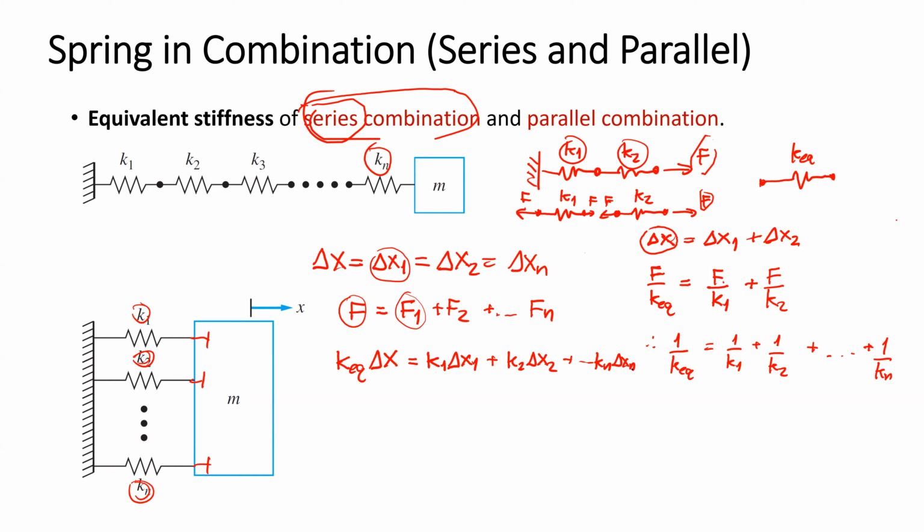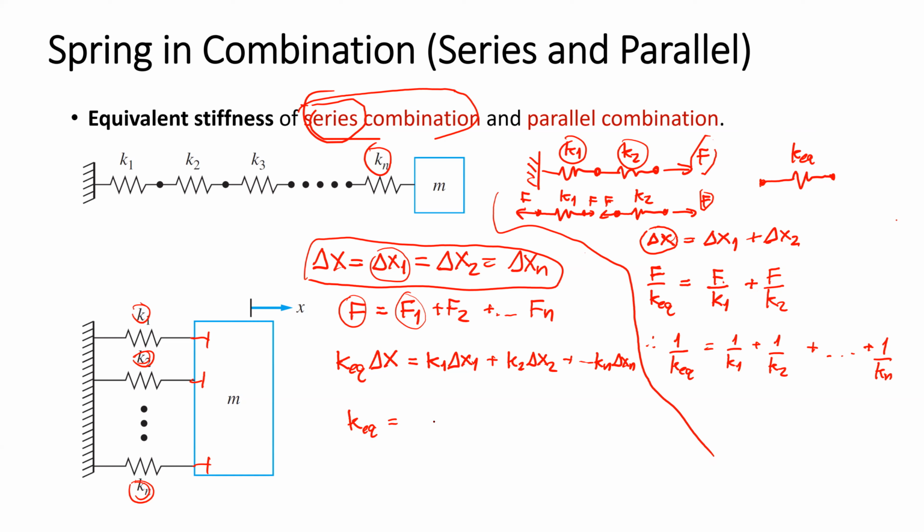But we mentioned above that for the parallel combination, the displacements are the same. So finally, the K equivalent should equal K1 plus K2 for the parallel combination.